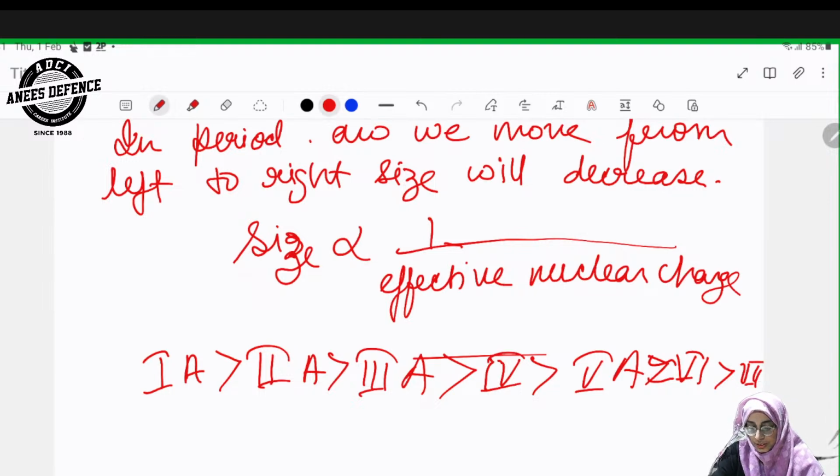So this is the decrease in the size. Likewise, lithium, then beryllium, boron, carbon, nitrogen, oxygen, fluorine. Sodium is bigger than magnesium, then aluminum, then silicon, then phosphorus, then sulfur, then chlorine.